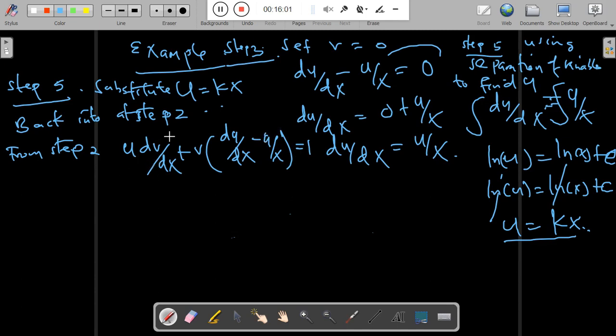So let you take the value of u, that is kx. So this will be equal to our u, which is equal to kx. And remember, kx dv over dx is equal to 1.